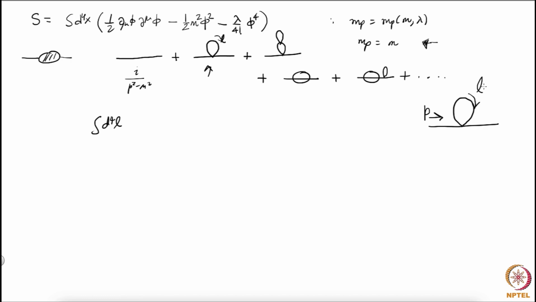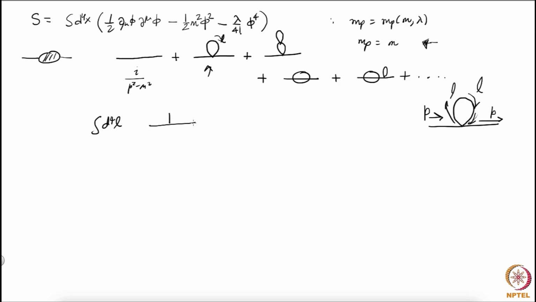Because you have written down L for the loop momentum, and momentum conservation doesn't allow anything else entering into the loop, because whatever enters in exits here. So you see here is L going out, and at this vertex from this side L is entering. Okay, so momentum conservation says that P cannot enter into the loop. Okay, this is very special for this kind of vertices.